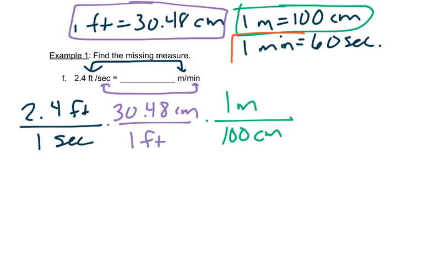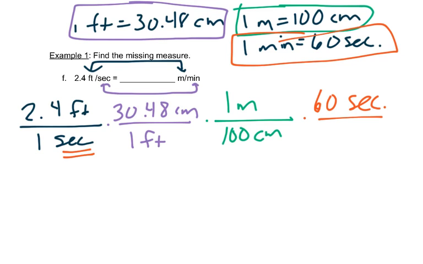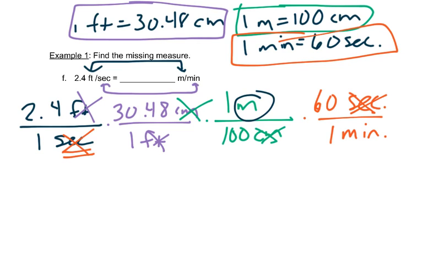And now let's deal with the time. Here seconds is on the bottom, so we want the 60 seconds to be on the top and the 1 minute to be on the bottom. So now seconds cancel out, centimeters cancel out, feet cancel out, and we're left with meters over minutes, which is what we want. We'll multiply straight across.